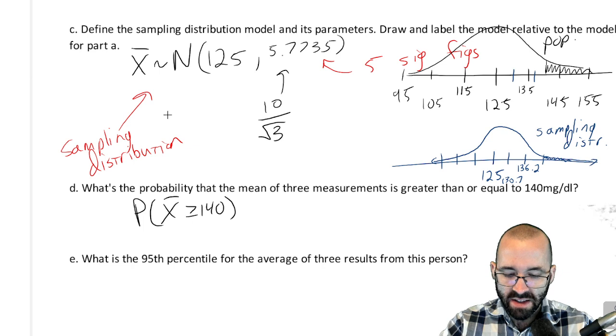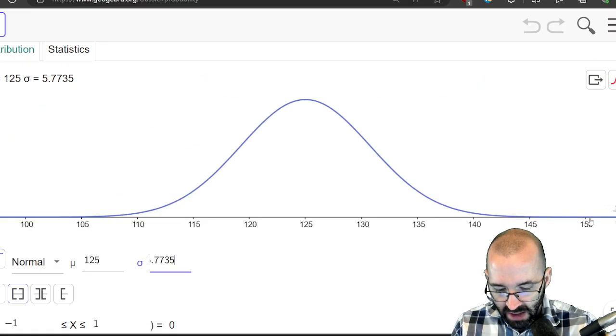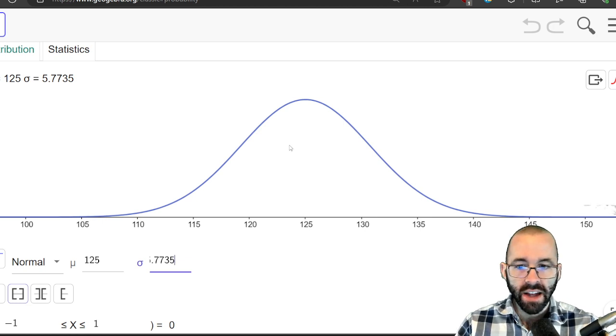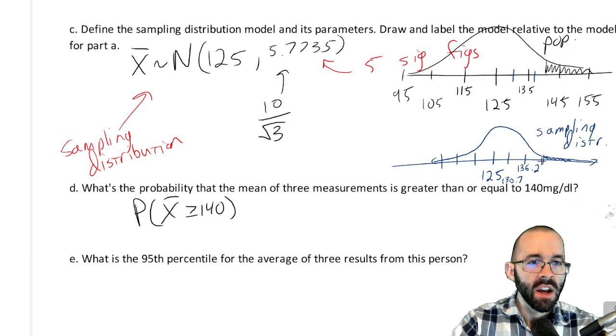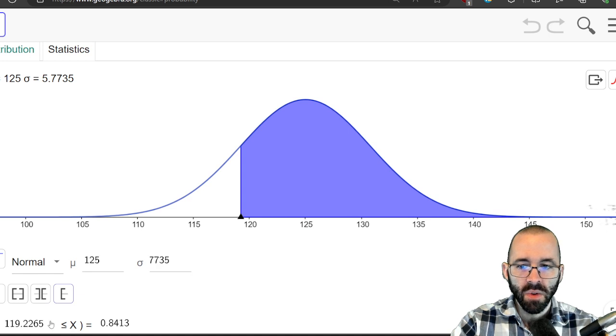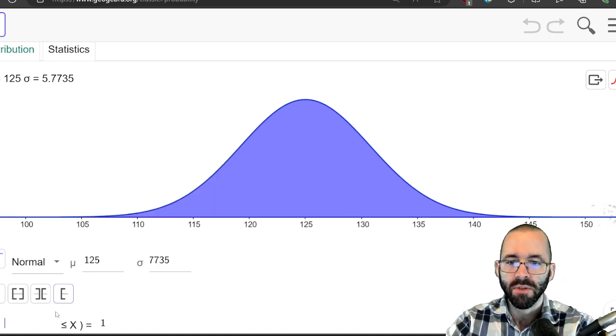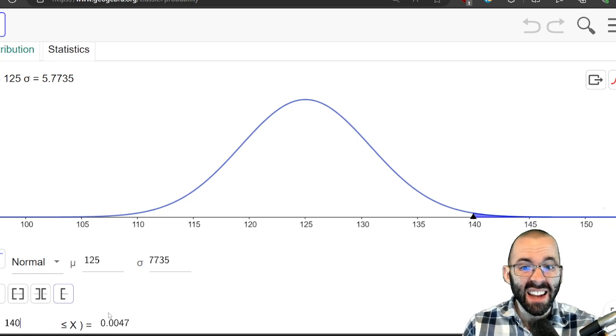It was 5.7735. All right. And then this should look like our blue picture, kind of. The center's at 125. Most of the stuff is less than 140. So what's the probability that we're at least 140? It's this small blue area, like 0.5%.